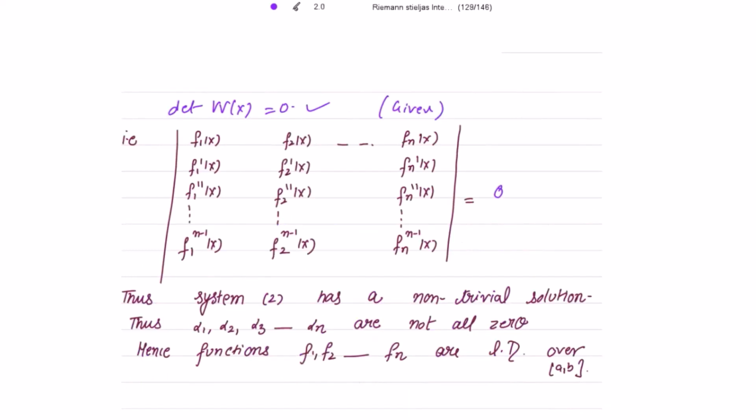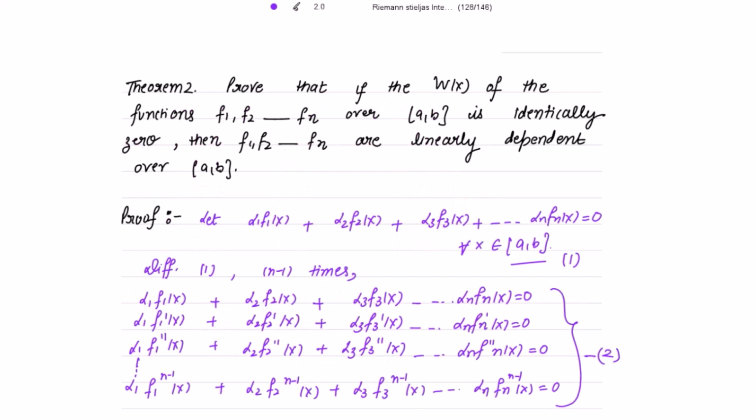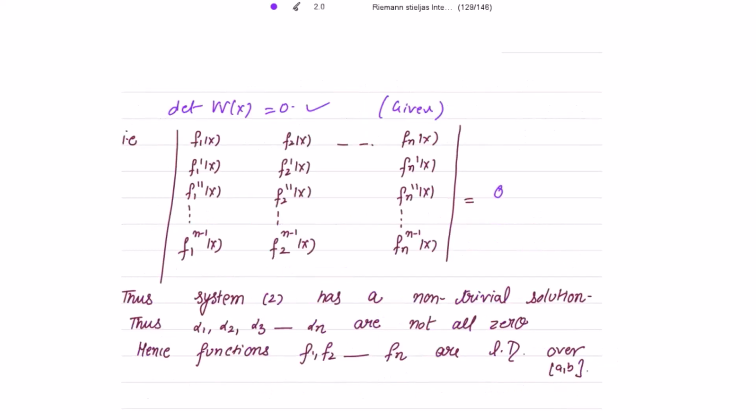So whenever the determinant of the coefficient matrix of this system of homogeneous equations is 0, this implies what? Does the system have a trivial solution or a non-trivial solution? Yes, the system has a non-trivial solution.